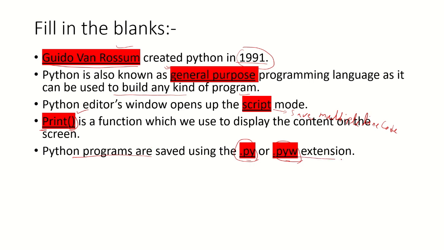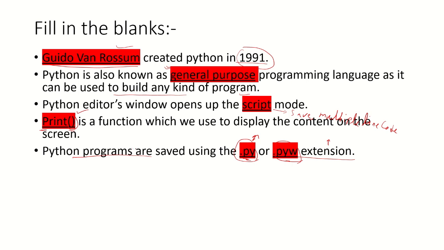Extension means this pyw shows which program the file will use to open it. .py means Python file, .doc means document file, .xls means Excel file, spreadsheet. So this py explains which kind of program will be used to open this file.